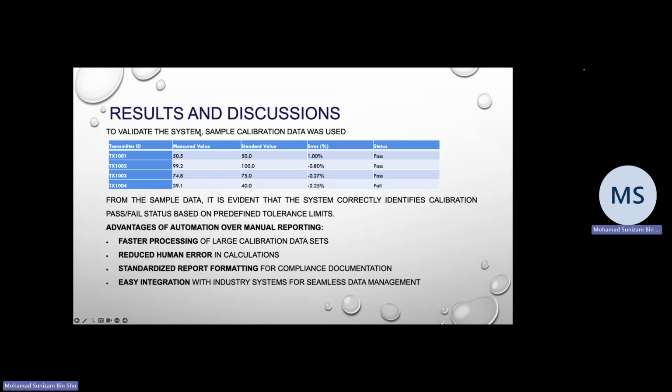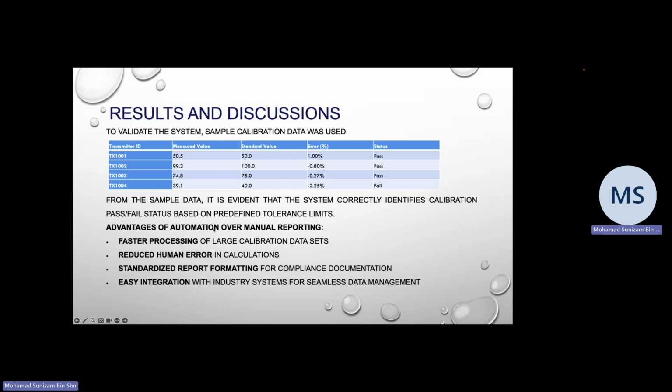To validate the system, sample calibration data was used. This is the earlier sample that I used before with an error percentage of plus minus 2%, but I already adjusted it to 5% in our simulation previously. So it is evident that the system correctly identified calibration pass and fail status based on the predefined tolerance limit, which for my example is plus minus 5%.